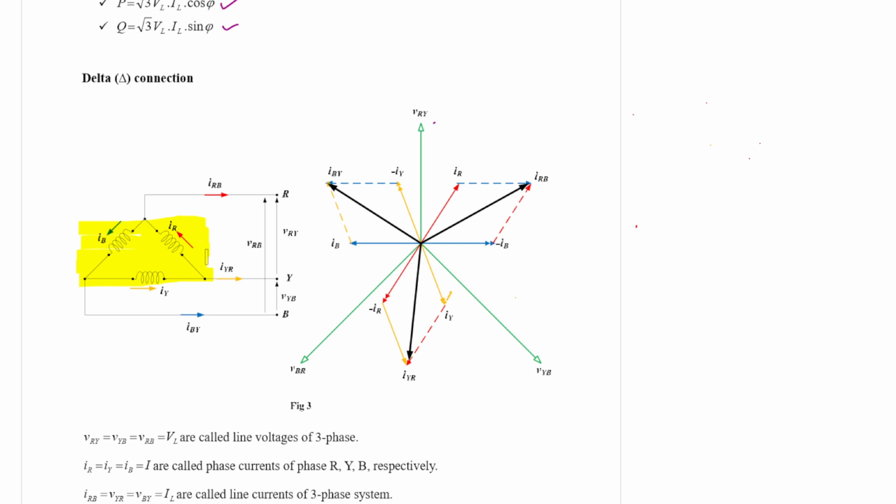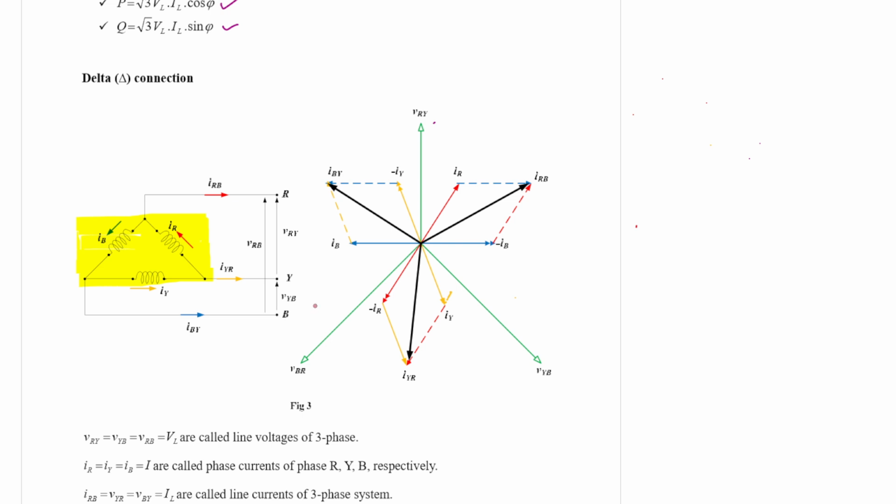It looks like a triangle or delta, so that is why it is called delta connected network. We try to understand the different parameters of this delta connected network.